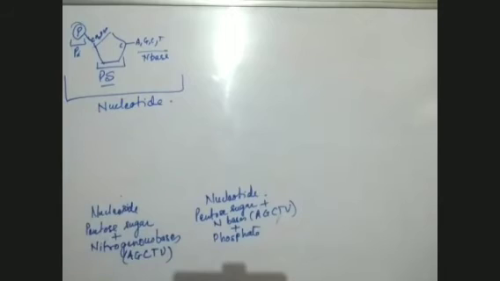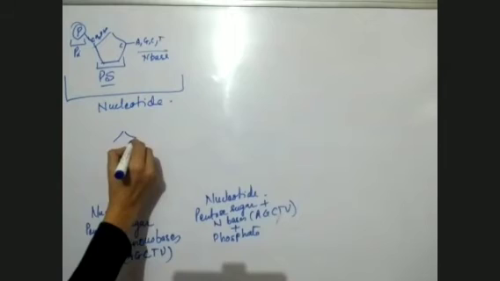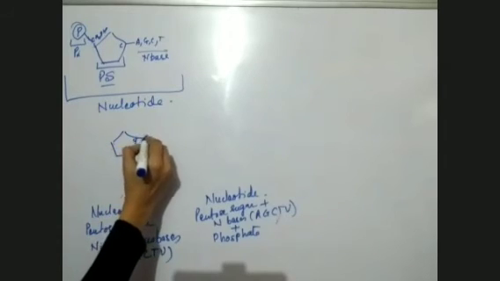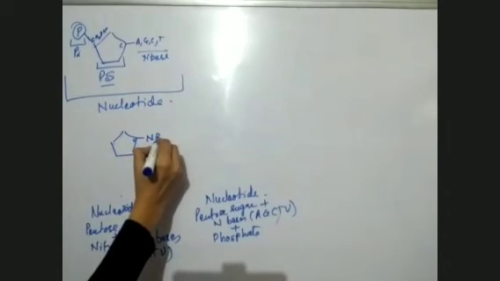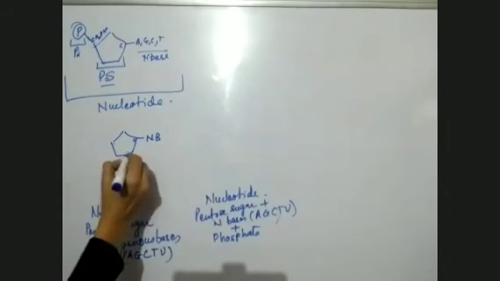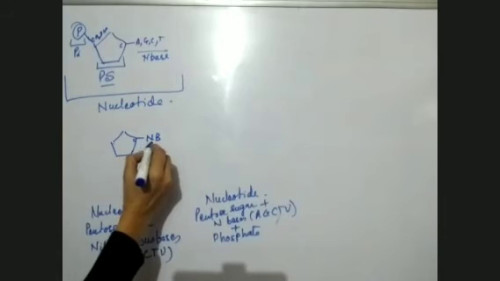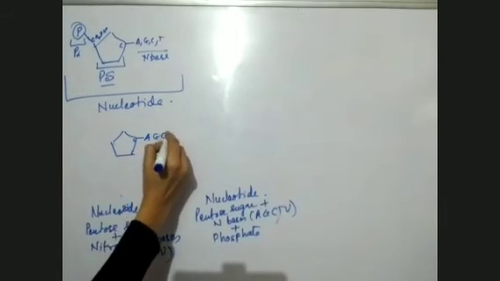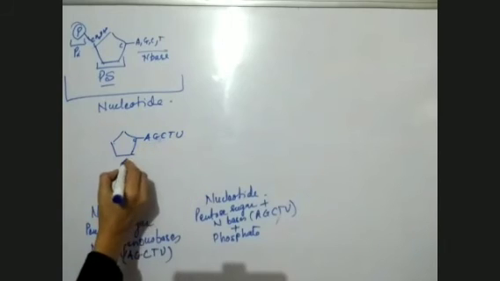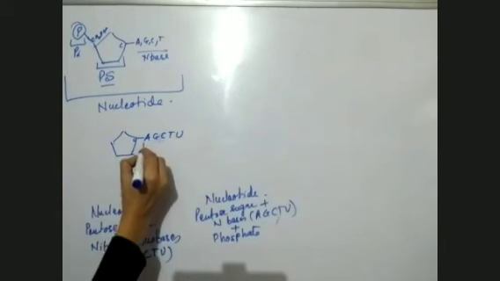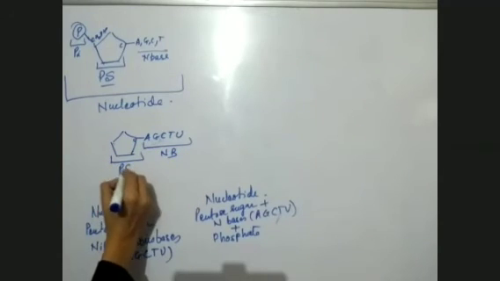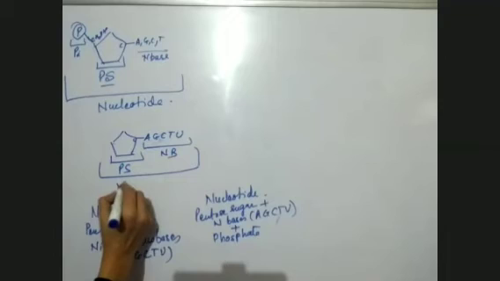If only two things are present, that means this is a pentose sugar, and to the first carbon, a nitrogenous base is attached, any of A, G, C, T, U, only this is present, then this is the nitrogenous base, this is the pentose sugar, so this becomes a nucleoside.